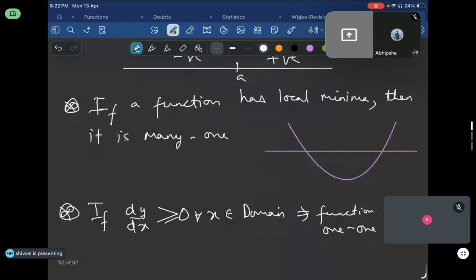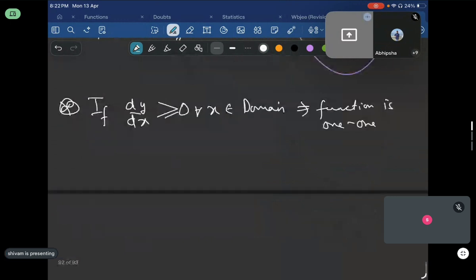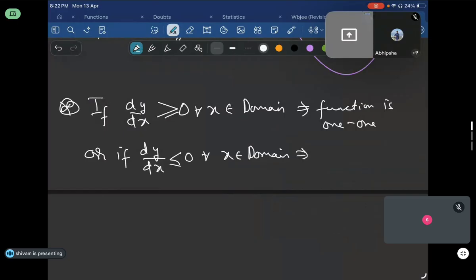Next, if dy by dx is less than or equal to 0 for all x belonging to the domain, this implies the function is one-one. So are people getting it?